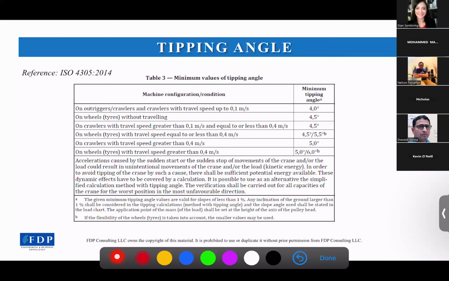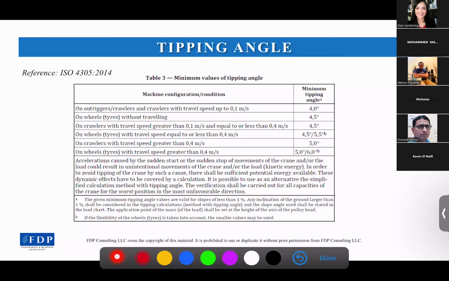Once we have calculated the tipping angle, we can now check the requirement. What is the minimum tipping angle for a load based on the condition during operation? For this case, I'm referring to ISO 4305:2014. There are various minimum requirements of tipping angle shown in this table.